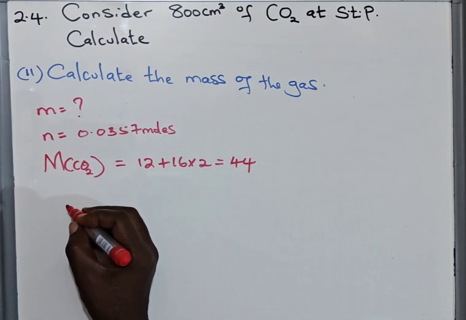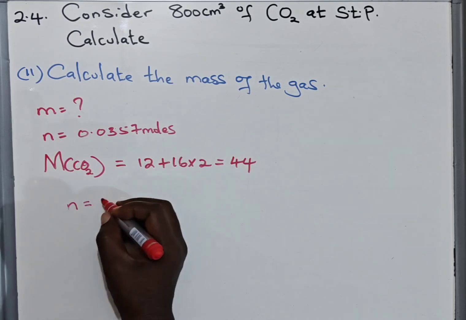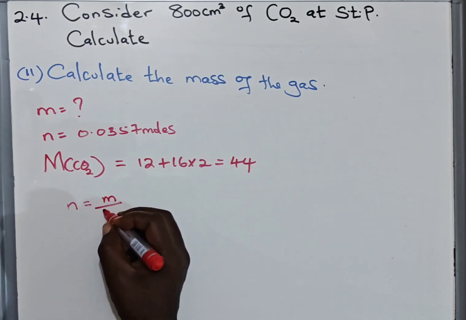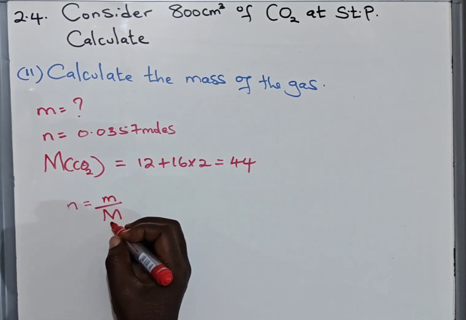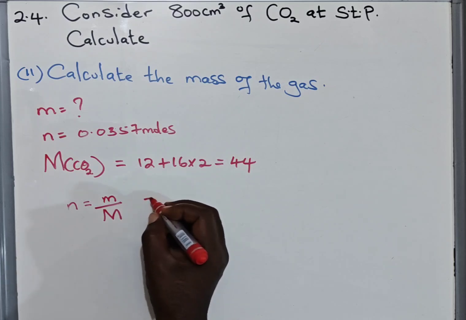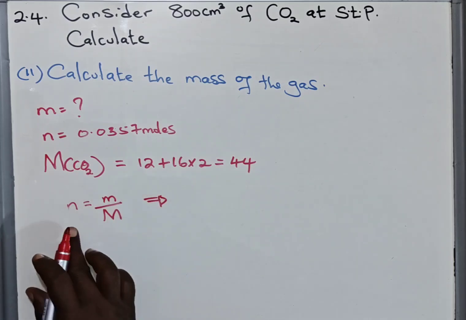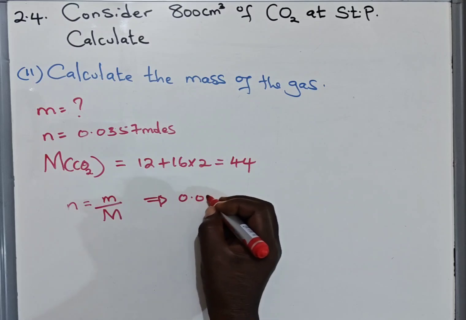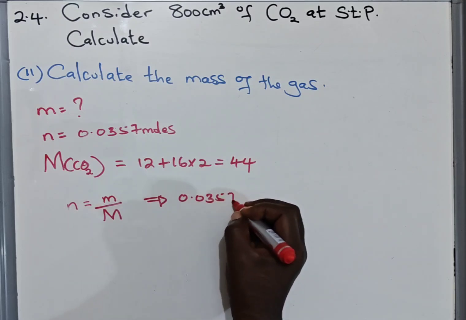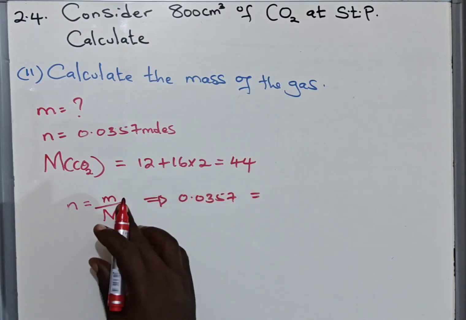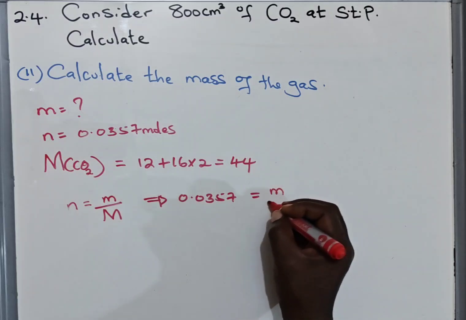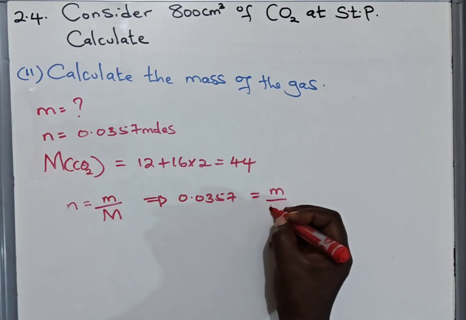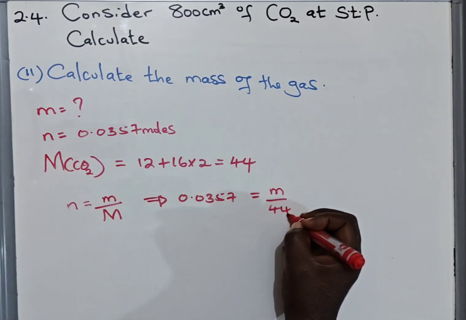The relationship is known: number of moles equals mass in grams over molar mass. So if you come to substitution, what do we substitute? You have the number of moles, which is 0.0357. Then m is what we are looking for, but we know the molar mass, which is 44.